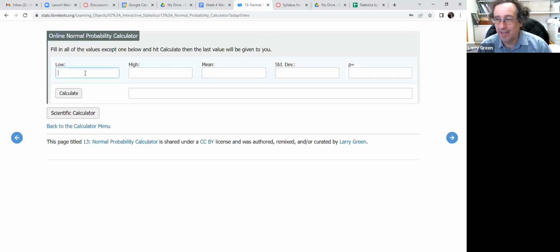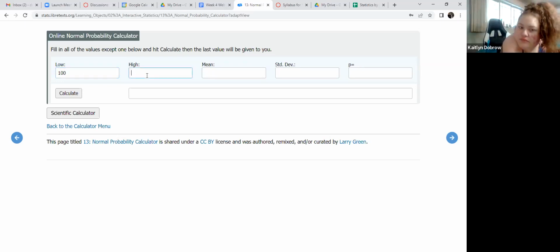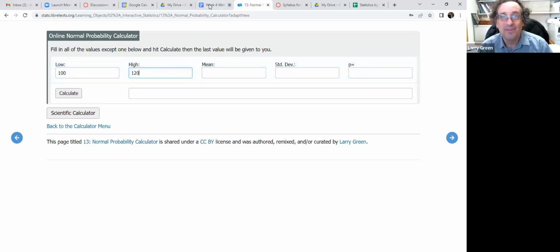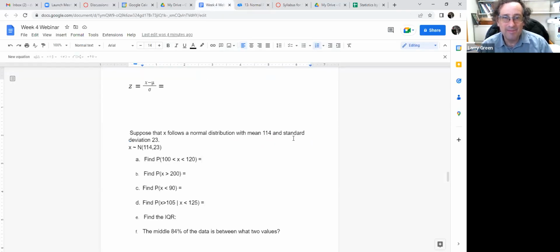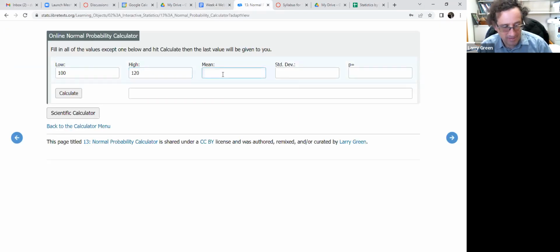So it should be easy. What's the low? 100. And the high is? 120. And the mean was 114 and the standard deviation was 23. So I got 114. Standard deviation was 23. That wasn't too hard, was it?